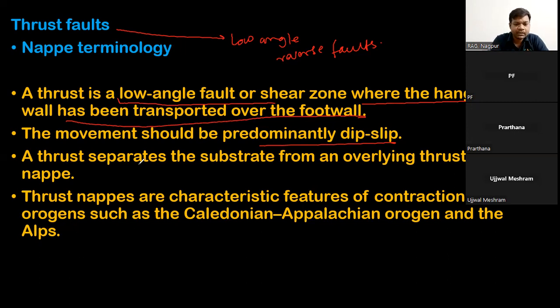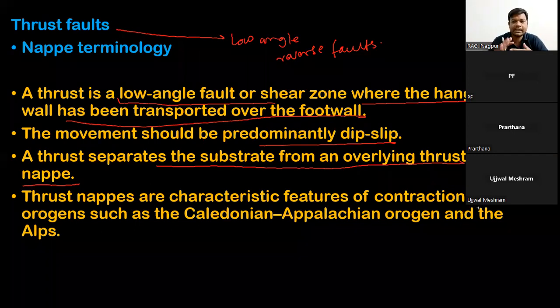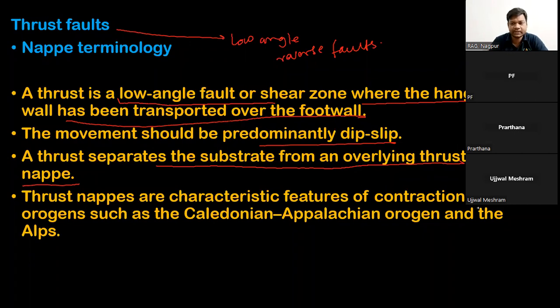Thrust separates substrate from an overlying thrust nappe. There is something called nappe structure, you might have heard of these. When this entire zone gets thrusted up, it separates the substrate from the overlying thrust.